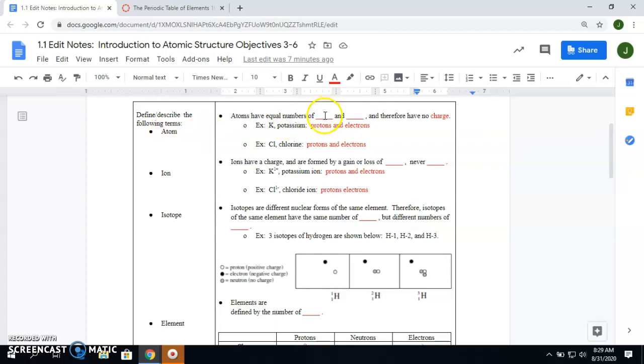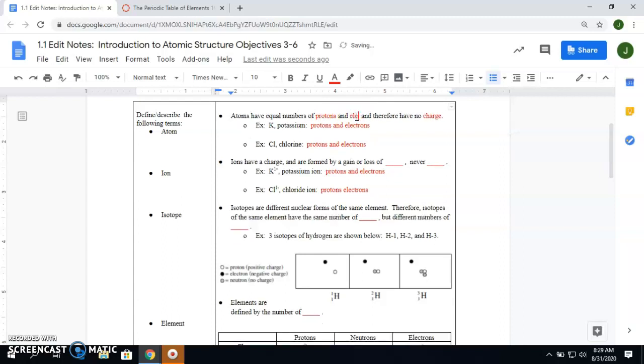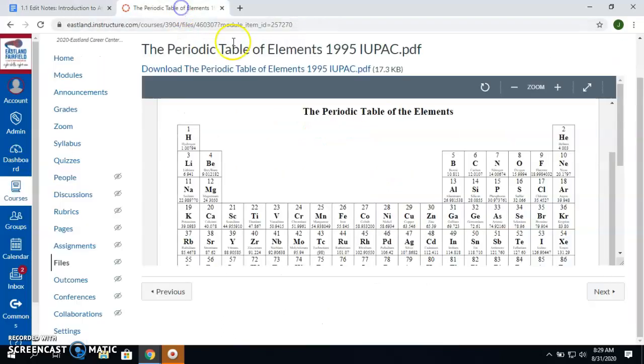So atoms have an equal number of protons and electrons, and for that reason, they have no charge. Equal numbers of positively charged particles and negatively charged particles, protons and electrons. Therefore, they've got no charge. For example, if we take a look at the element potassium, from our periodic table it is element number 19.